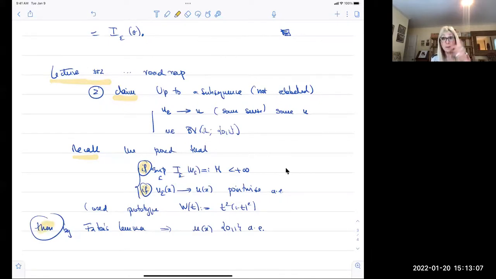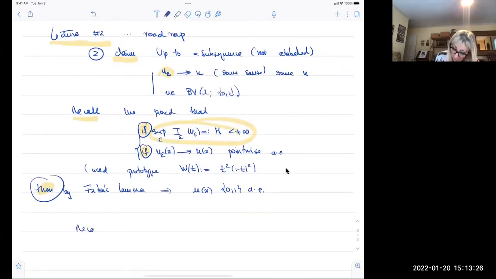Part of the work is already done, because I also proved with an ansatz, by using a good competitor, that if I had a minimizer, I knew that I would have this.